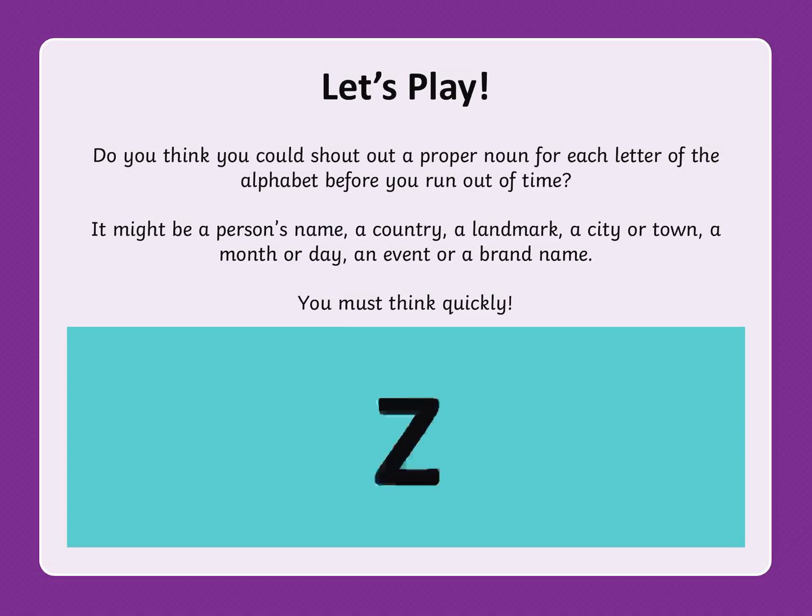Okay, hope you got on well with that. So you should be quite good now at identifying your proper nouns.